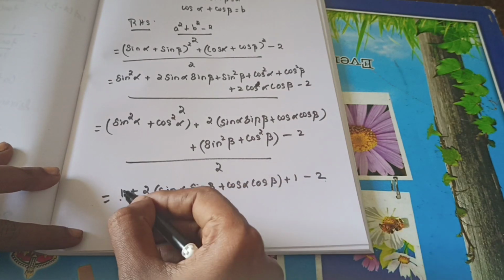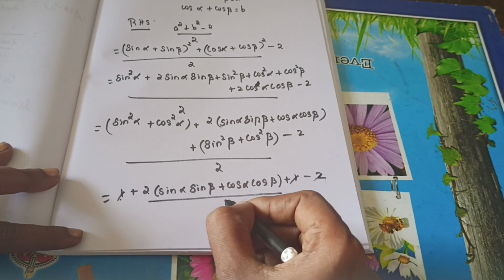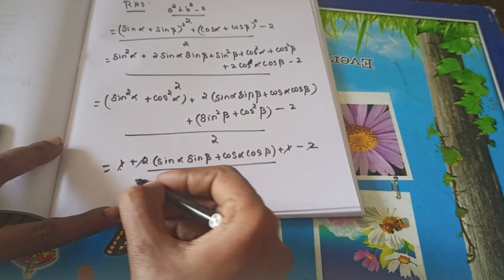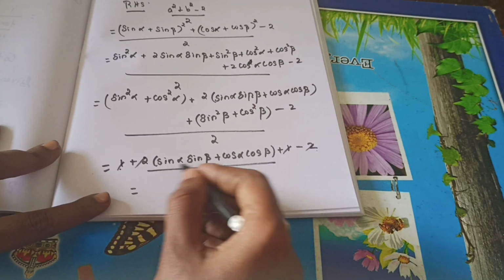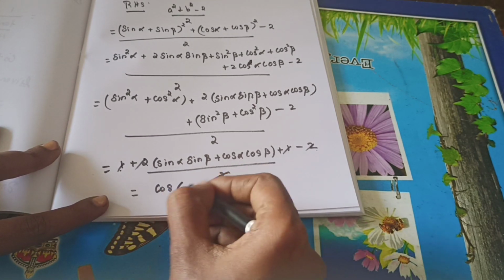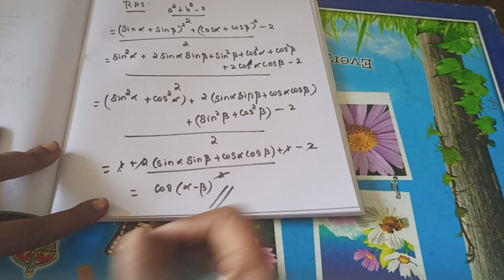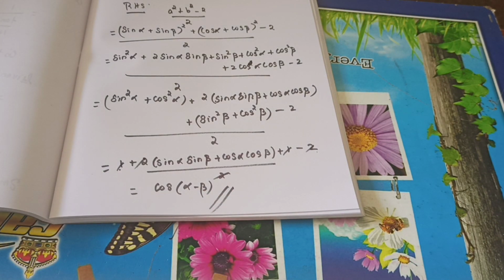So 2 minus 2 will get cancelled. So divide by 2, this 2 and 2 get cancelled. So what's the balance? This is the formula for cos of alpha minus beta. This is the proof. Okay? Understand, students? Okay. Very easy question.